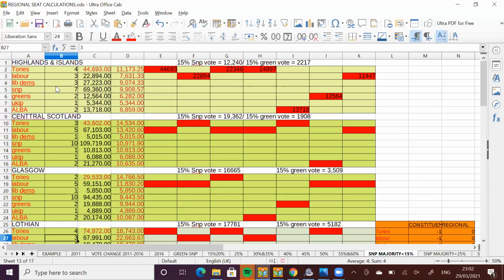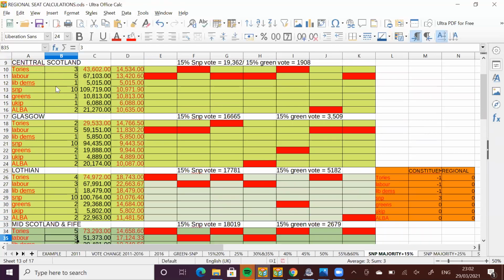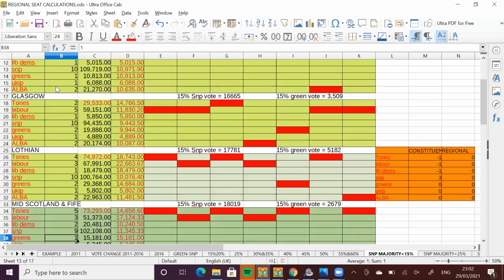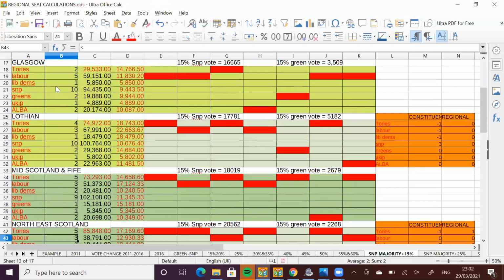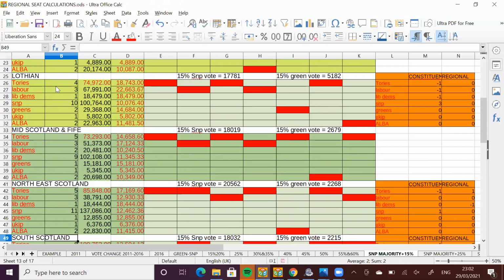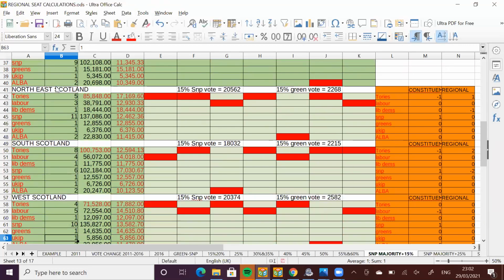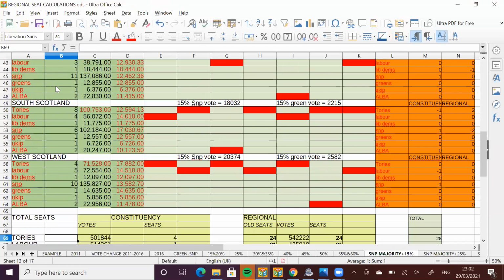So the ones with orange at the side are where the constituency MSPs would change, meaning it'd be the only ones the regional change as well.